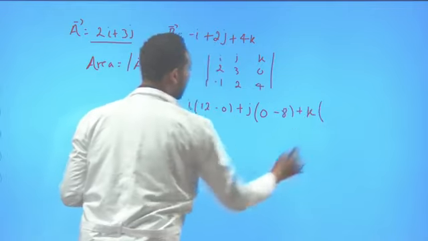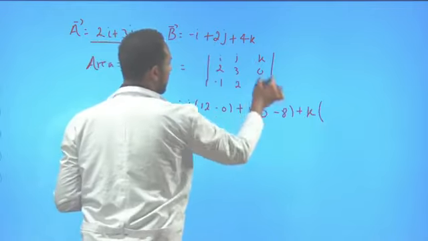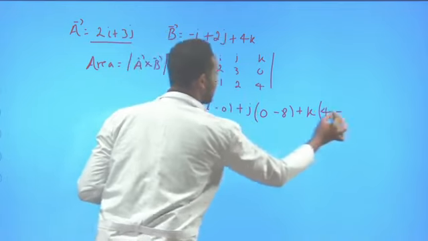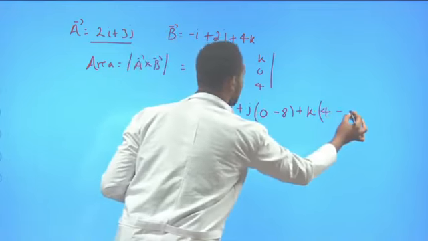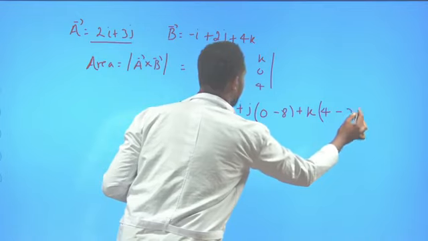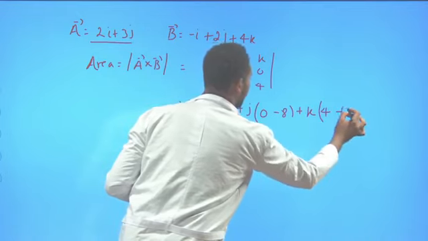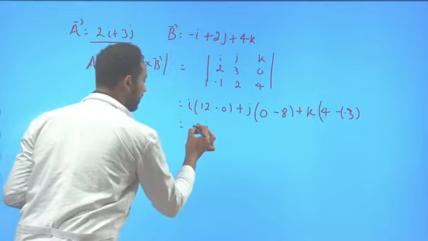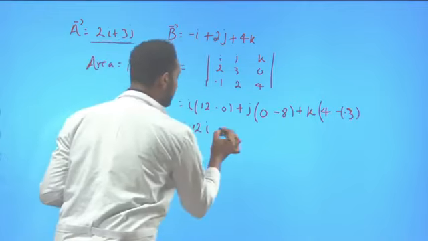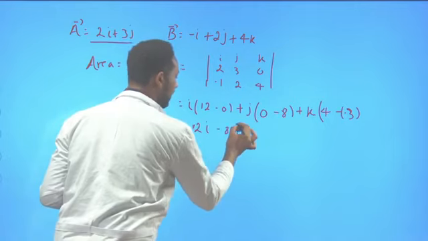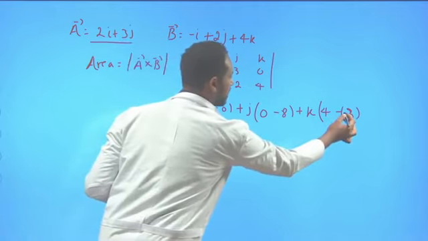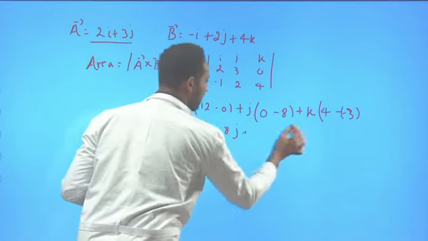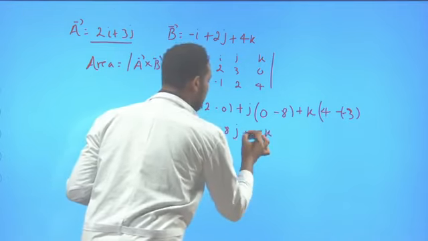Plus k, if you eliminate the row and column: 2 times 2 gives you 4, minus 3 times minus 1 gives negative 3. Therefore, this gives you 12i, and minus 8j, and this minus could make it plus 7k. Okay, 7k.